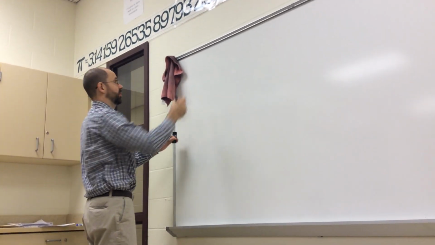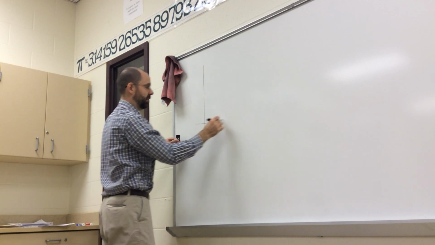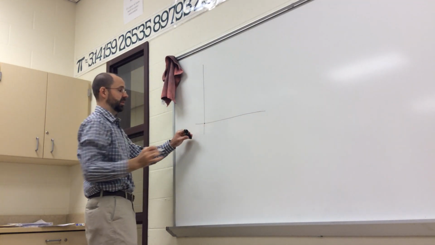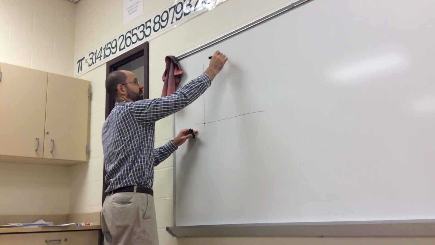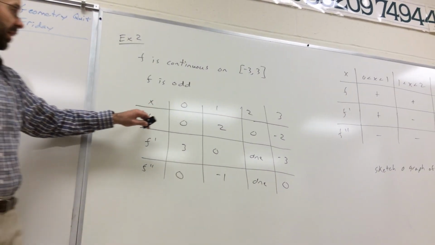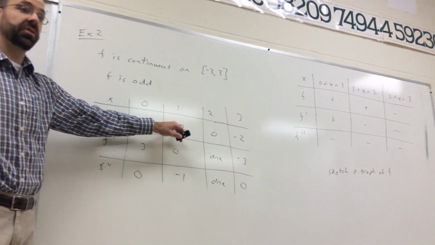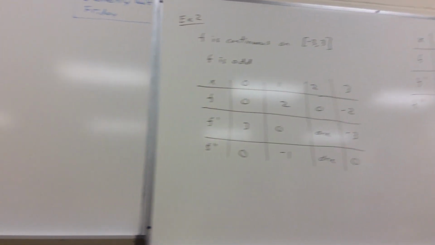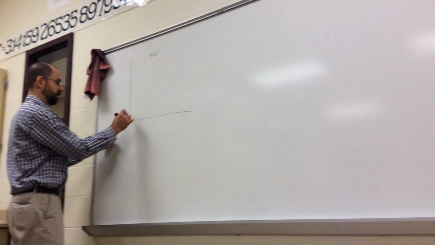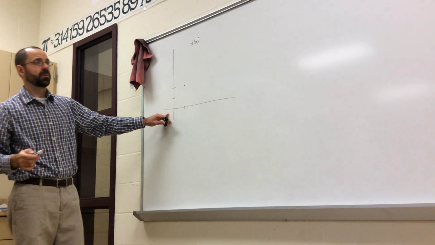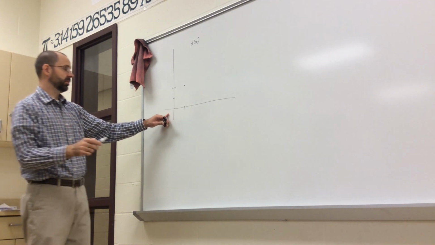Okay, so first of all, we've got some points, right? (0, 0) is a point on f of x, according to this. And then (1, 2) is another point. And then (2, 0).